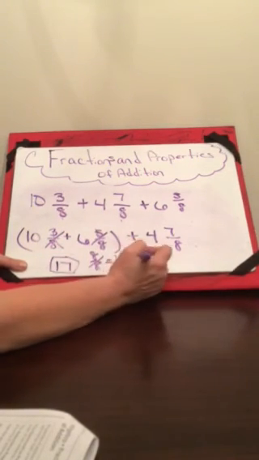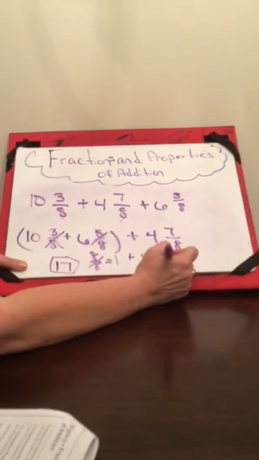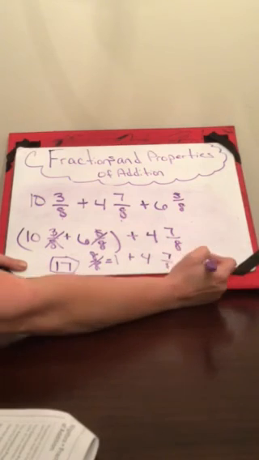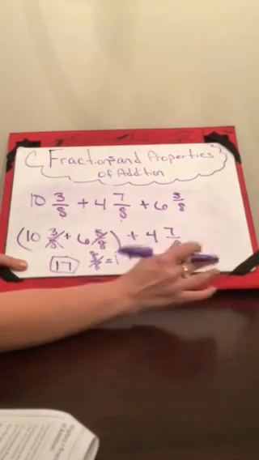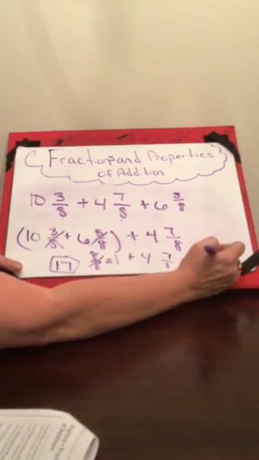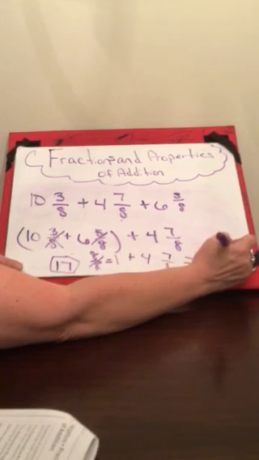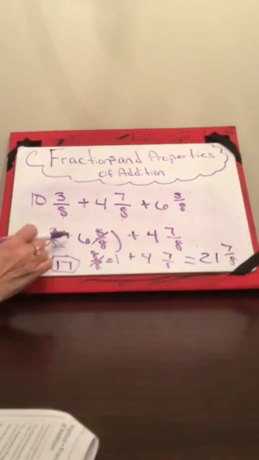Then I can add 4 wholes and 7/8, and that would equal 17 plus 4, 18, 19, 20, 21, and 7/8.